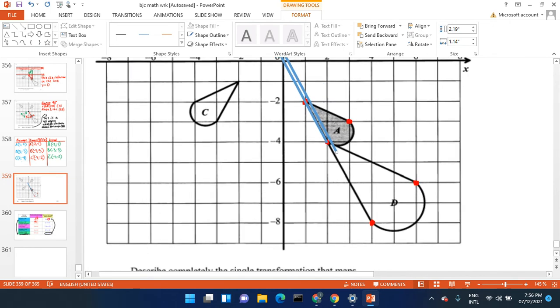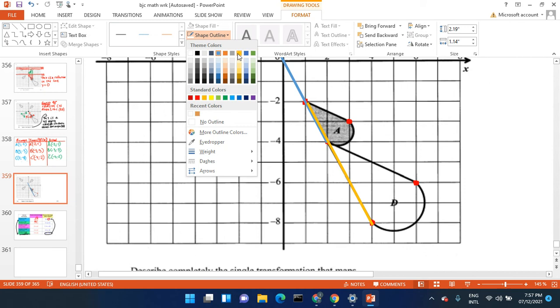I'm going to change the color of this line. Let's change it to yellow. Good.